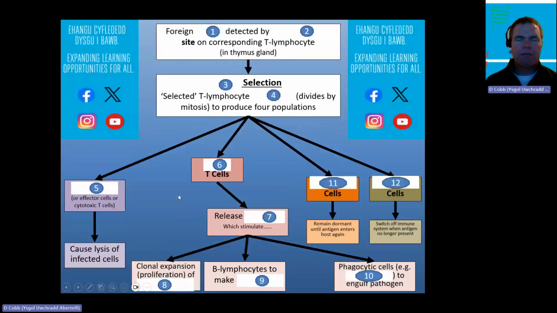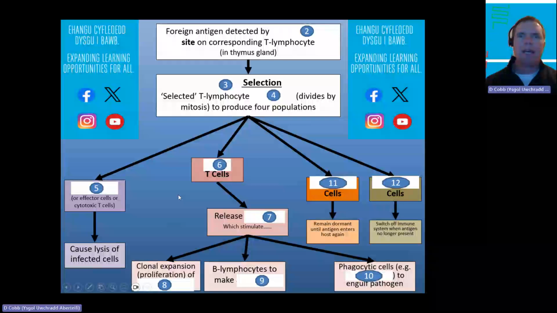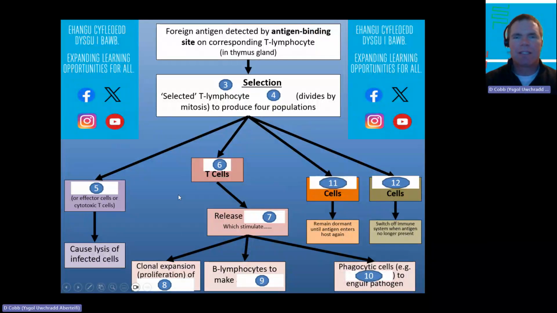Right, so let's have a look at the same ideas I showed previously. So again, you're welcome to pause this and have a go yourselves, but I'll go through them now. So the foreign antigen is detected by an antigen binding site on a specific T lymphocyte.